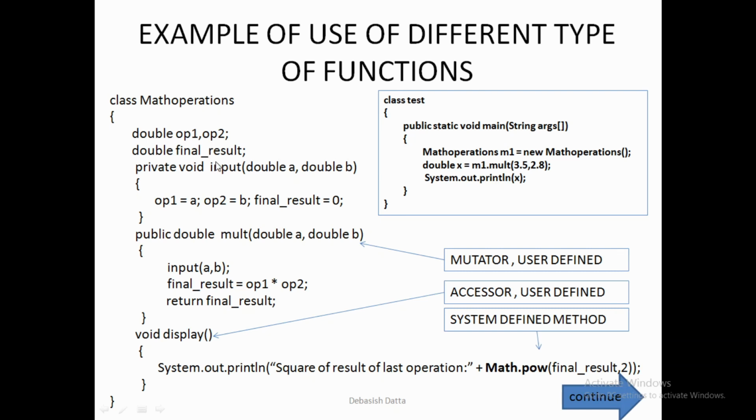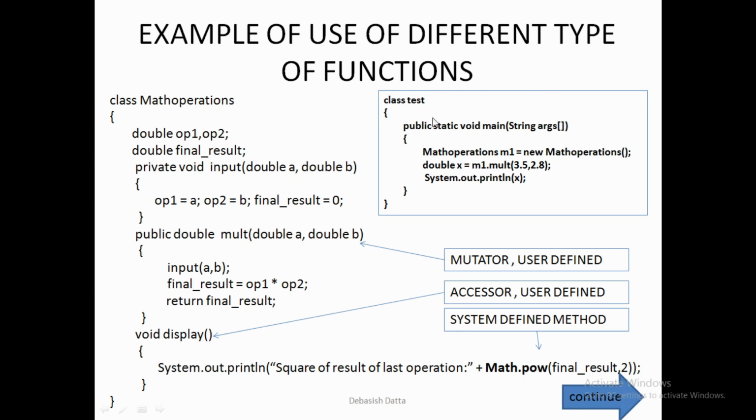That means we cannot call the input function outside the MathOperation class. But as the mult function has the access specifier public, we can call it outside the MathOperation class, as is the case here.